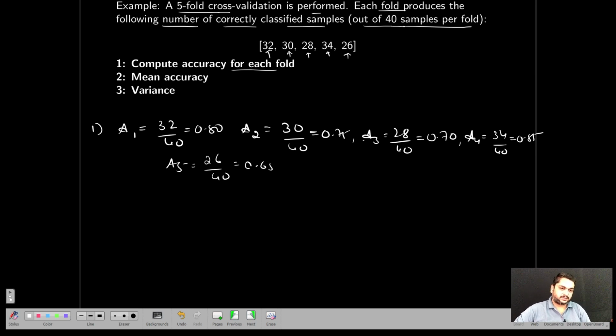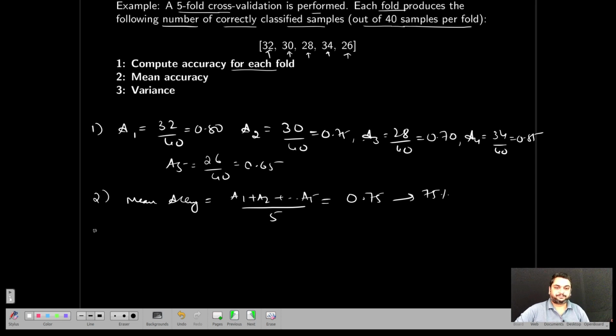This is 0.65. Now find the mean accuracy. Mean accuracy is equal to the sum of all these, A1 plus A2 and so on up to A5, divided by 5. K is equal to 5. So this will be equal to 0.75. That means mean accuracy is 75%.